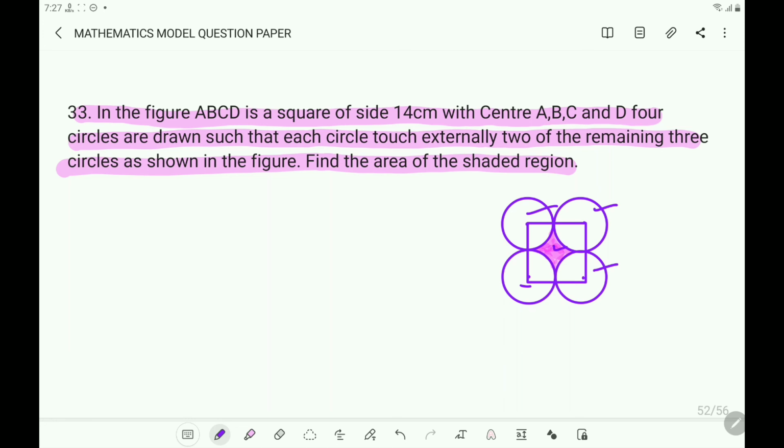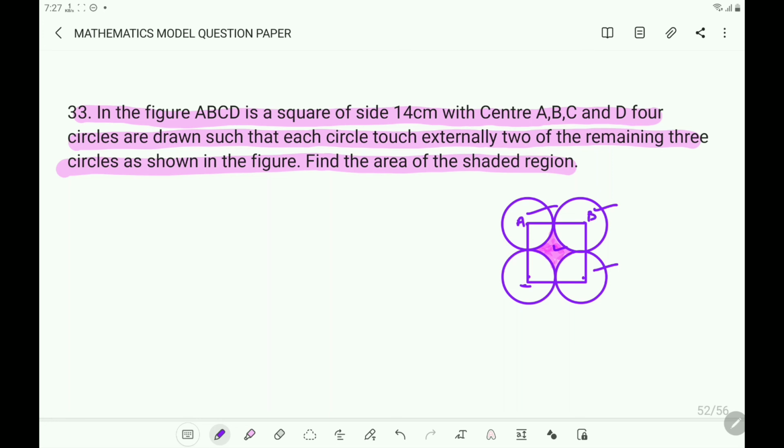Here we have to use the concept of areas of circles and squares to solve the problem. Since the circles are touching each other externally, it is clear that the radius of each circle is half of the side of the square, because these are the centers.